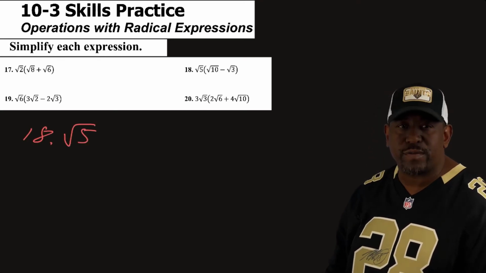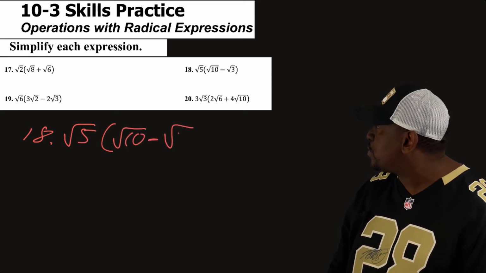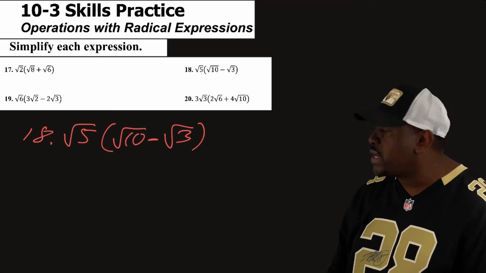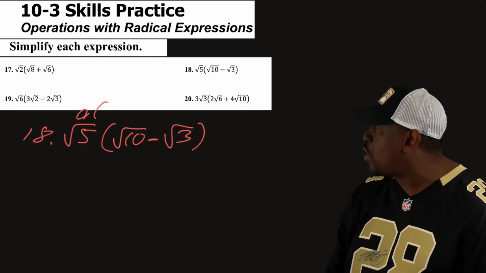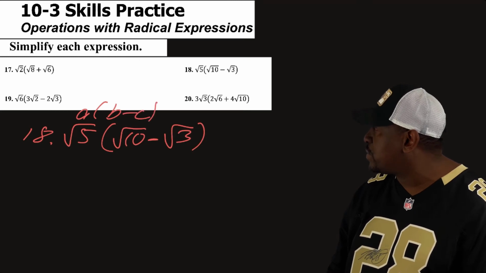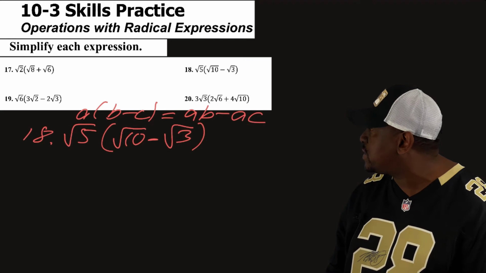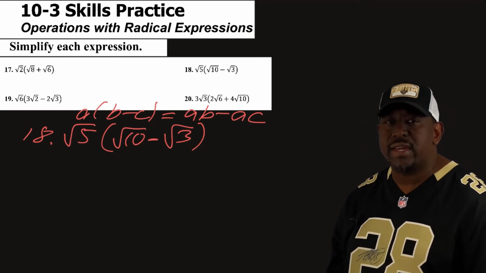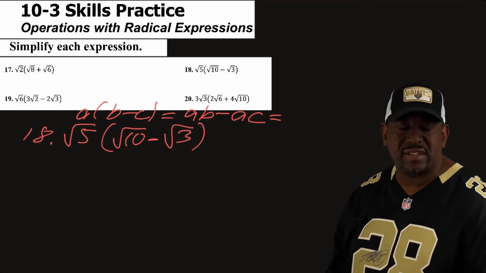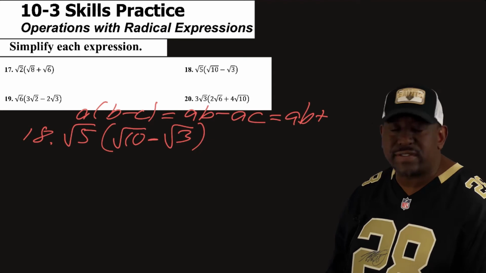We have the square root of 5 multiplied by, inside the grouping symbol, square root of 10 minus the square root of 3. So we will simplify this using the distributive property. We have a term outside the grouping symbol. We write the general form of a distributive property, a times b minus c equals ab minus ac, or you can write it a times b plus a times negative c.